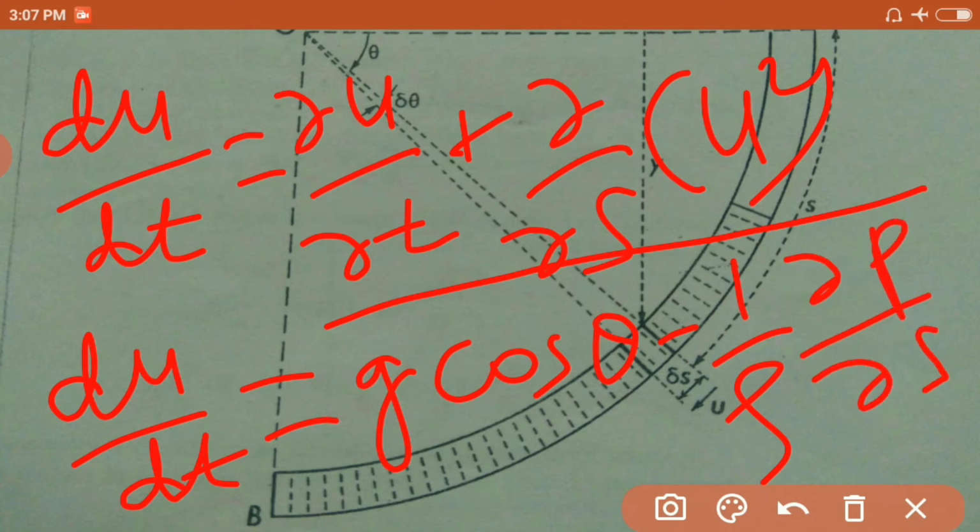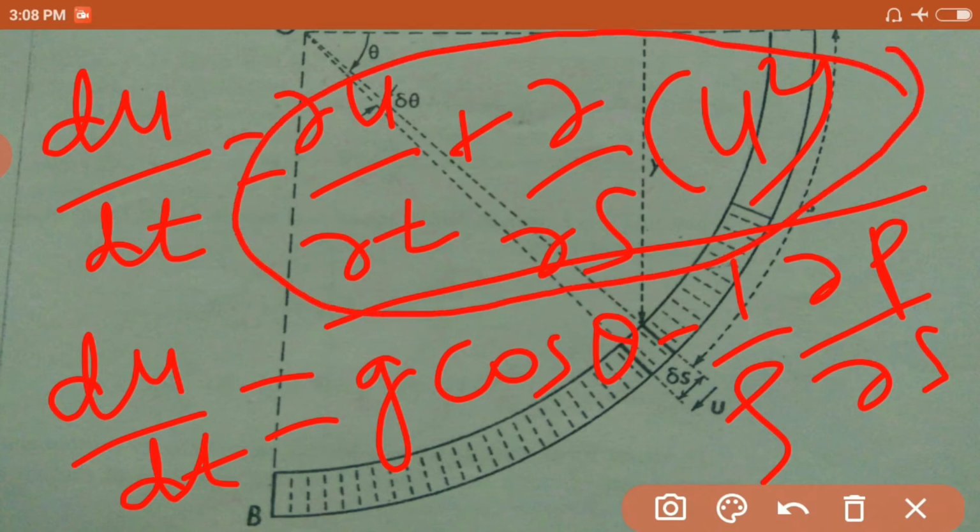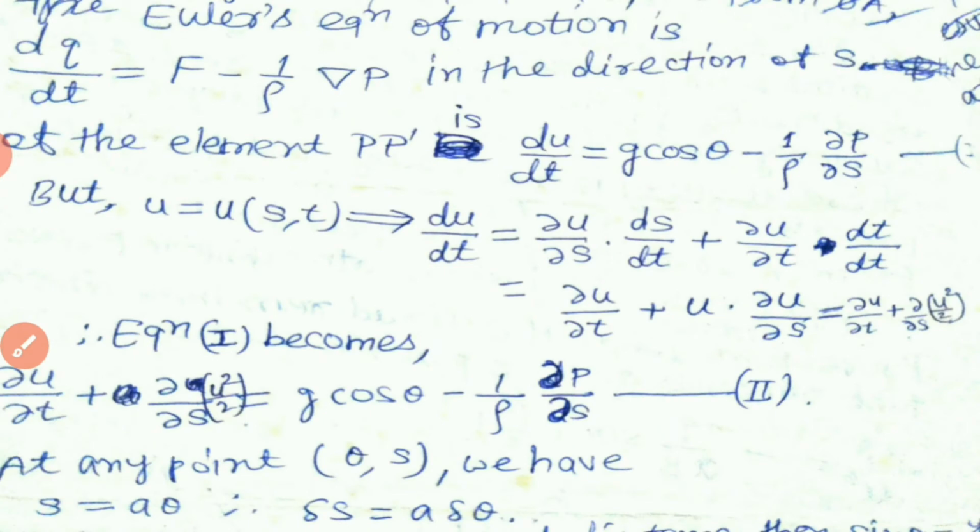So in place of du by dt, we have dou u by dou t plus dou by dou s of u square by 2. So this is equal to g cos theta minus 1 by rho dou p by dou s. So that will be equation second.